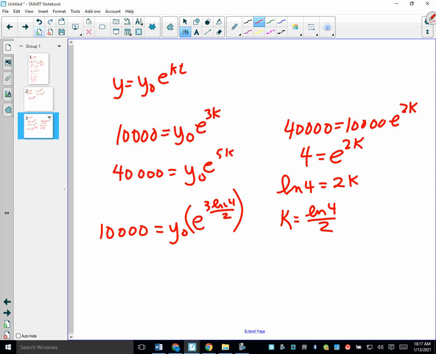You can't have a negative half-life, but if k is negative, it just means it's decaying. On 26B, is that in years? It tells us, days. It always tells us. We don't have to guess what that is.